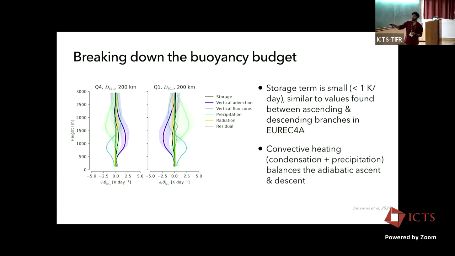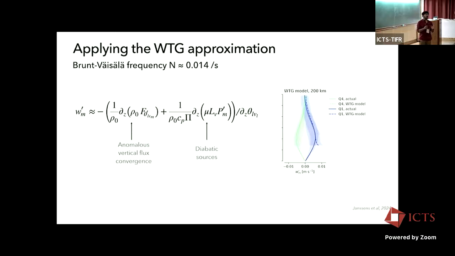But explaining that budget doesn't mean we have causation. Why or how this is forming is not explained just by a budget look. But what we can do is make an approximation for how stable the layer is, and then we can apply this WTG approximation. WTG is the weak temperature gradient, which is how much the layer allows you to build up buoyancy differences.